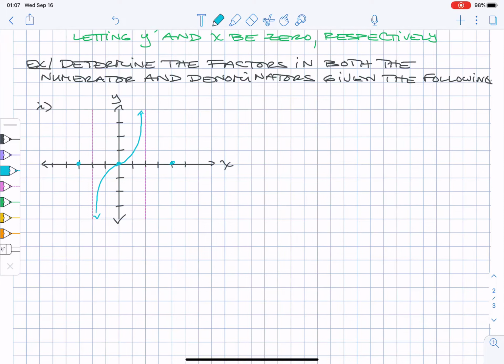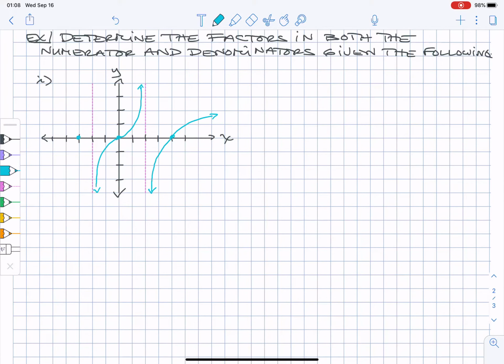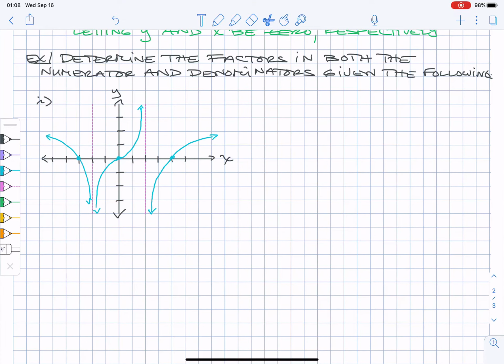And maybe it does something like so. And then what shall it do? Let's see, maybe I'll have it do something like this. But I definitely want it to go through that intercept. There we go. Okay. So let's say this is an approximation to my graph.